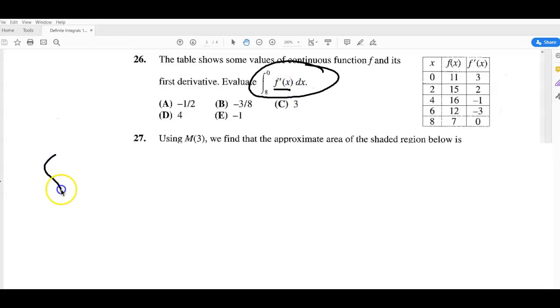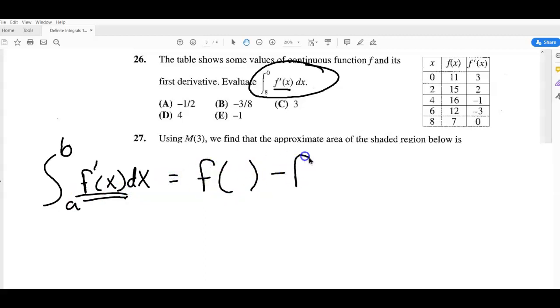Now here's the first fundamental theorem of calculus. The first fundamental theorem of calculus tells us that if you're doing a definite integral of a derivative, when you integrate this, it becomes f, and you're going to plug in the upper limit and the lower limit and subtract them, right? So that's the idea. So in this case, my limits are 0 and 8, but they're backwards, so you've got to pay attention to that.